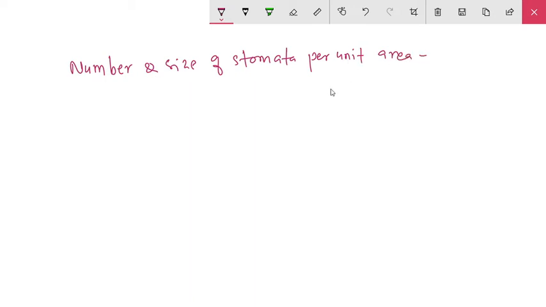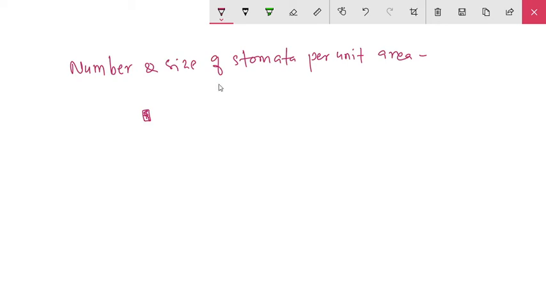So the rate of transpiration depends upon the stomata per unit area. म्हणजे या ठिकाणी सपोज 1 mm बाय 1 mm चा जर आपण एक ब्लॉक घेतला तर त्याच्यामध्ये किती स्टोमॅटा आहेत ते आपण काउंट करतो, तर नंबर ऑफ स्टोमॅटा पर युनिट एरिया. So that is, the rate of transpiration depends on the stomata per unit area.